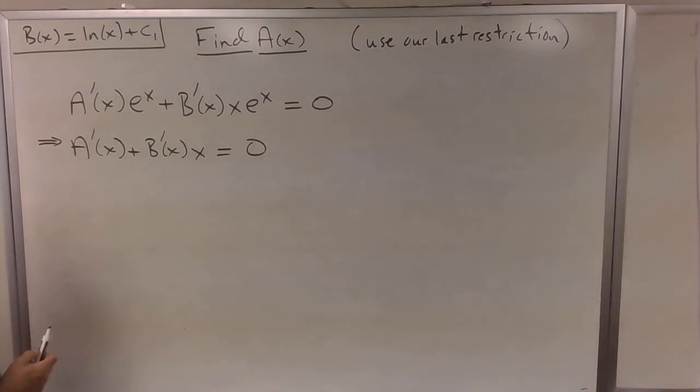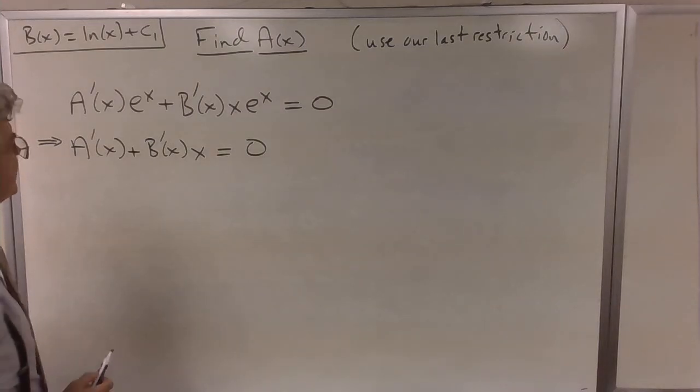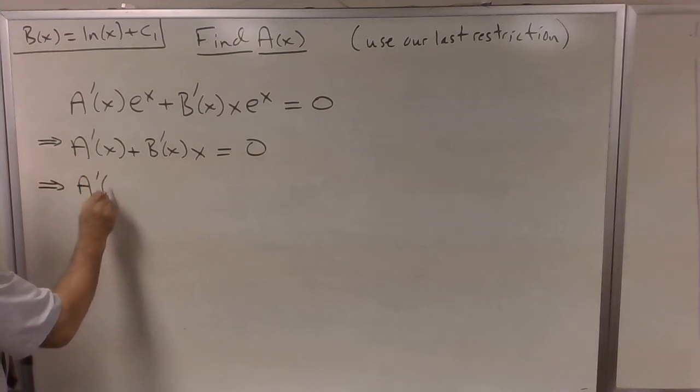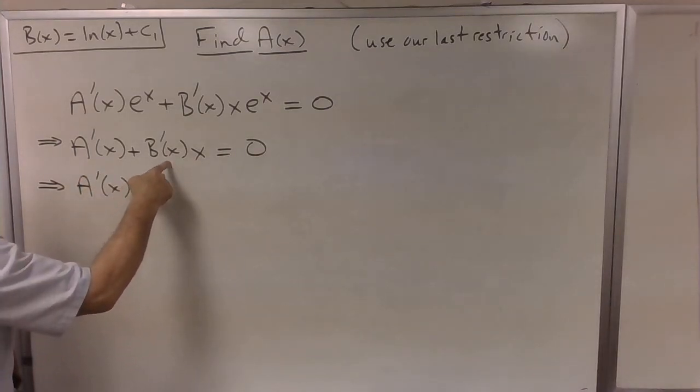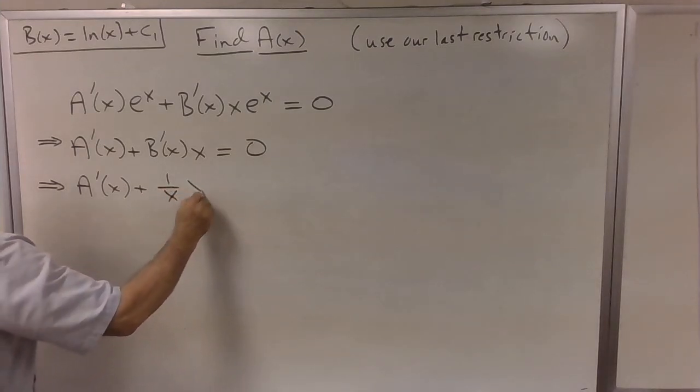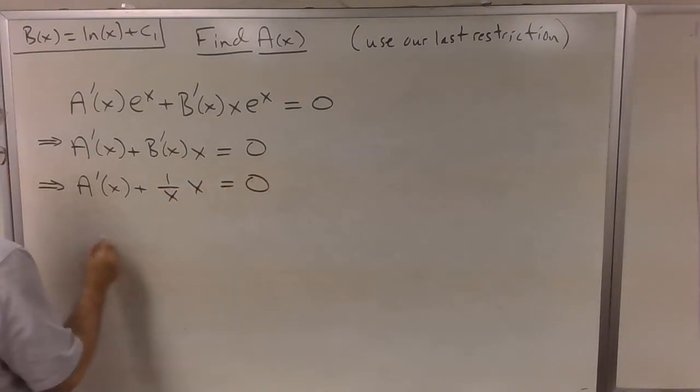Well, I knew what b prime was. B prime was 1 over x, wasn't it? So a prime of x plus b prime of x, which is 1 over x, times x equals 0.